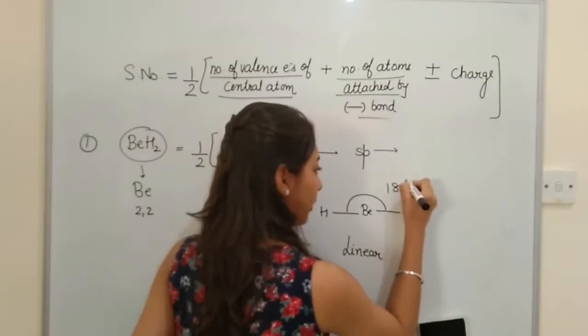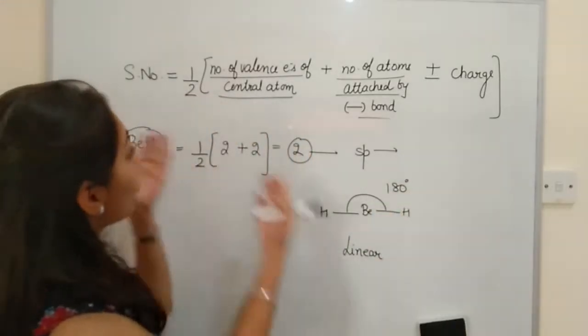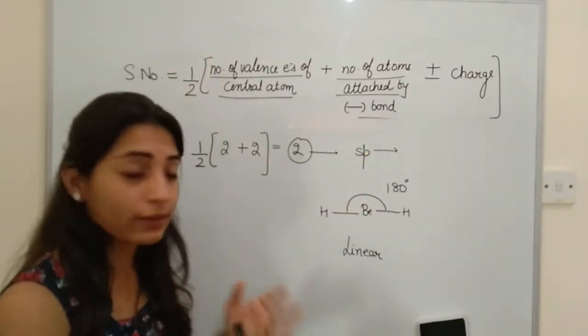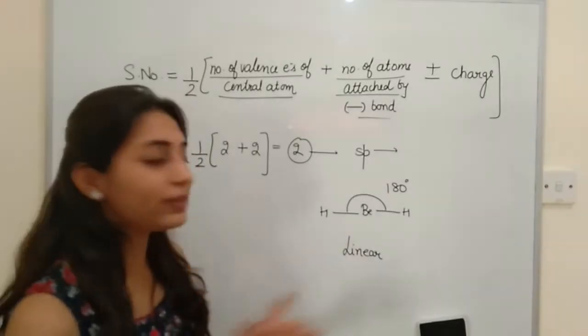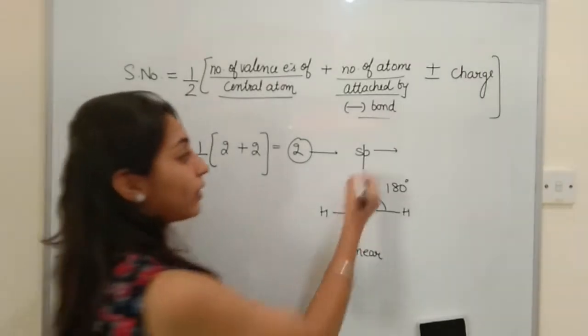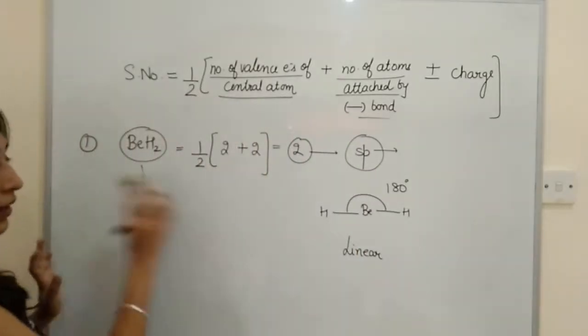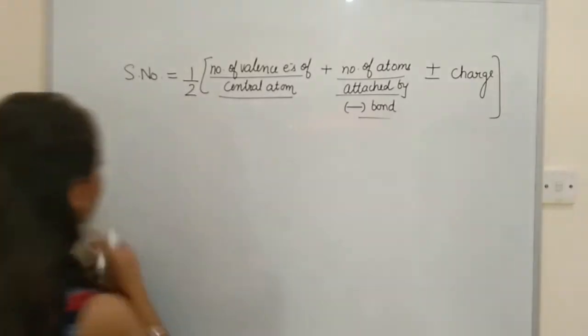The angle between the 2 bonds is 180 degrees. So this is how this formula is useful in predicting the shape and the bond angle. Bond angle is the angle between 2 bonds, so it is 180 degrees, shape is linear, and hybridization is sp. Done. Let us move on to the second molecule now.